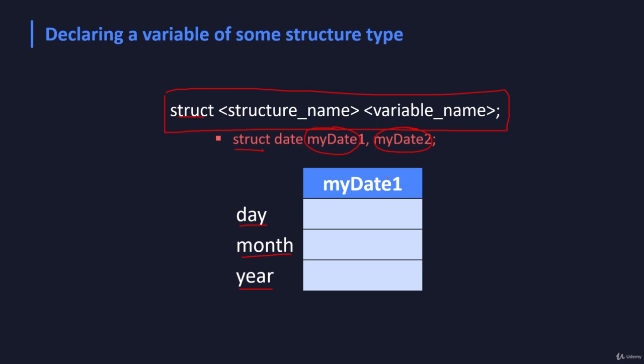So here you go, the variable name, like this one, is the variable we created, and it is of type struct date. We know that struct date is a template for a structure with three fields: the first is day, the second is month, and the third is year. What we created is a new variable called myDate1 with three fields.